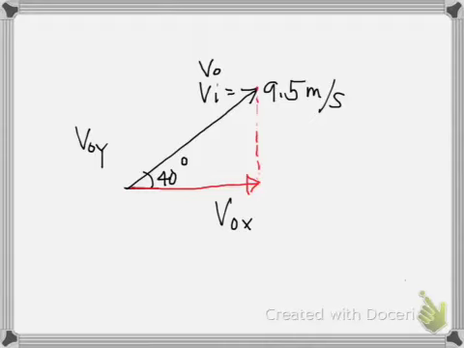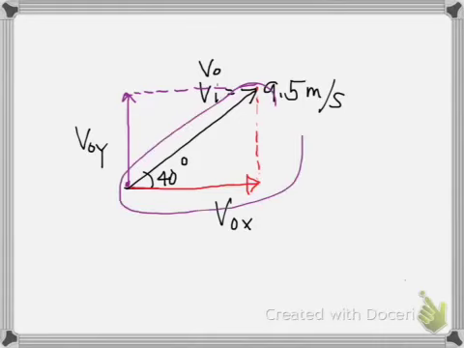And then on the y-axis, similar method, you project it along the y-axis, and from the starting point to your projection, that's going to be your VOY. Now we have a triangle here, which will be used for our analysis.